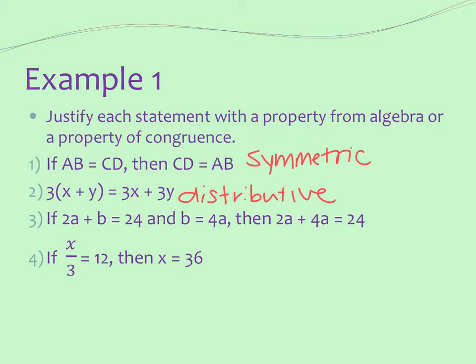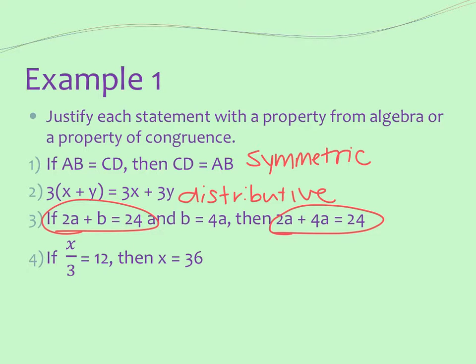If 2a plus b equals 24 and b equals 4a, then 2a plus 4a equals 24. What'd you do? So transitive, you're going to see 2 if-then statements if it helps. What changed from here to here?